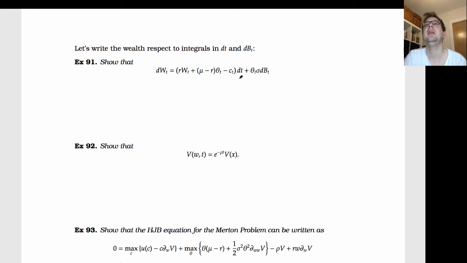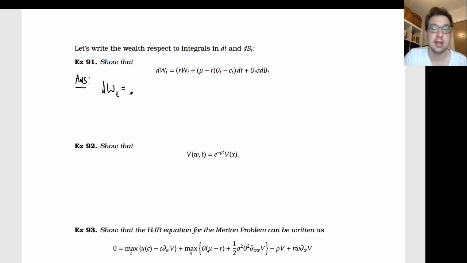So we've essentially taken our stochastic integral for wealth and rewritten it in terms of dt and dB_t. Let's answer that. This is essentially just looking at the definitions.